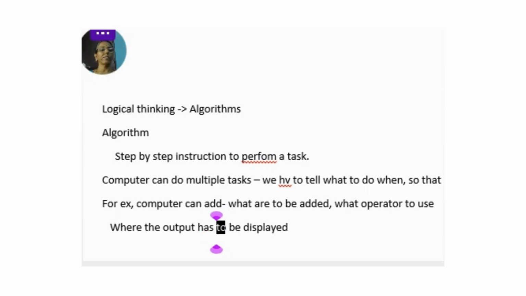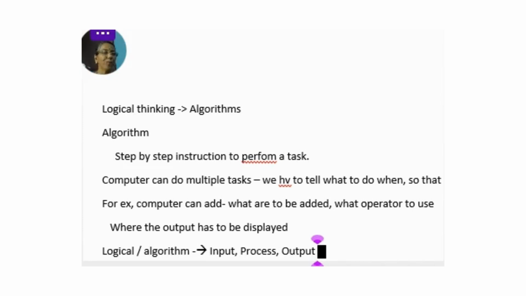So logical or algorithmic thinking involves identifying the input, identifying the process that needs to be performed, and the output that we want.